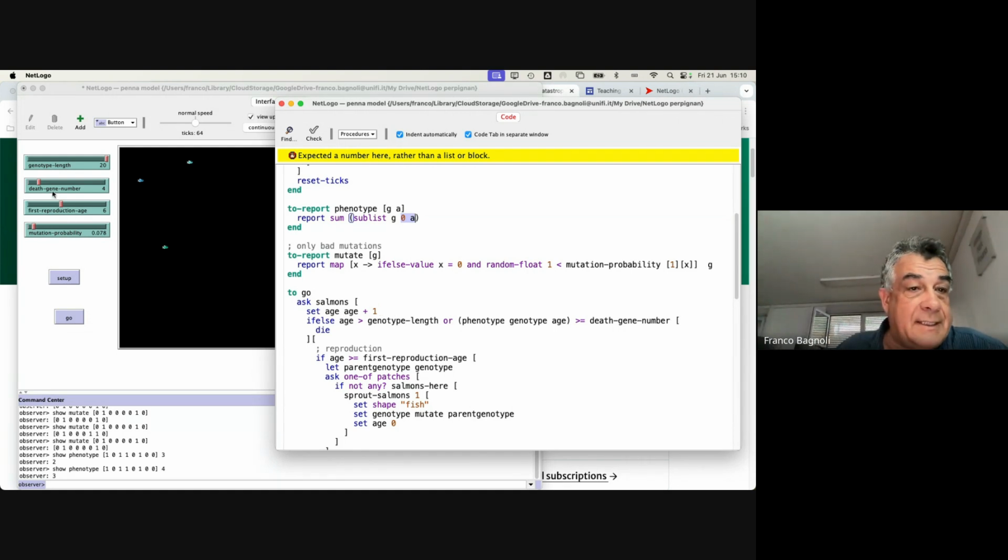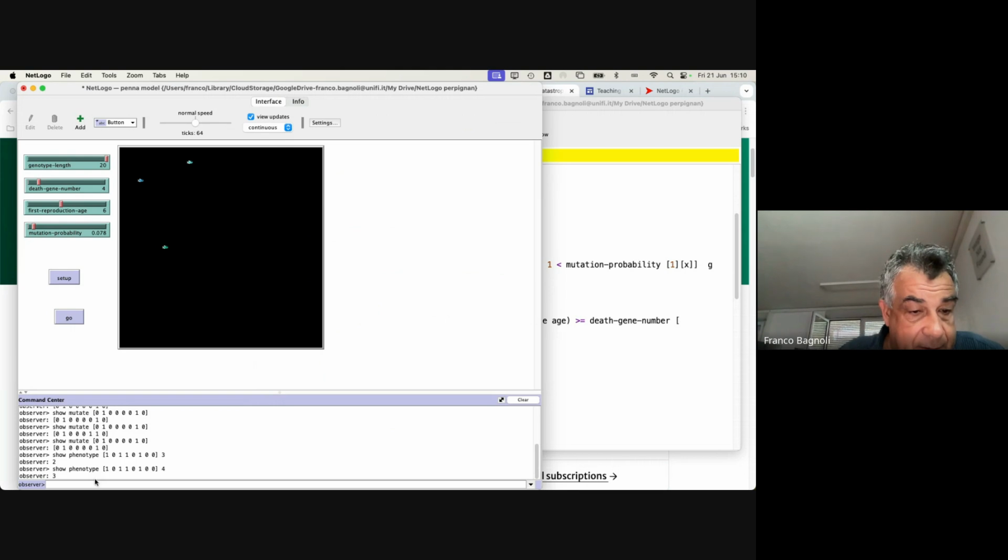So in this case, if you are age, say 4, and you have 2 genes, so let's see here. This is a genotype, possibly. This is an age, and phenotype counts the number of ones up to this age, up to and before this age. So 1, 2, 3, 3 in this case. If I put this equal to 2, just 1, because this is the gene.